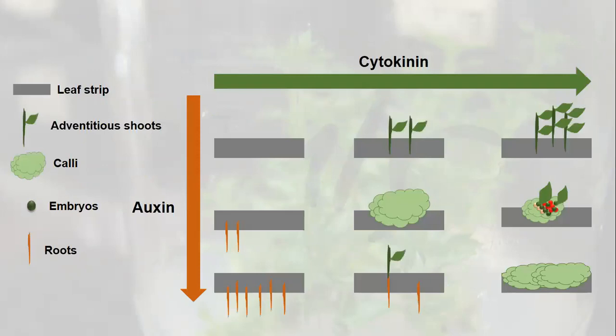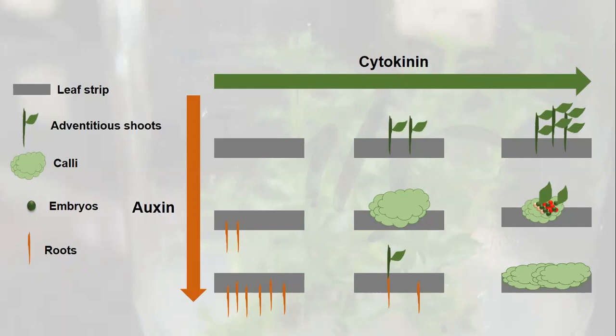That's what is being shown here. With only cytokinin, you see adventitious shoots growing, and with only auxins, only roots are growing, and at the middle concentration you see callus growing. Here root and shoot both, here only callus. So this is a very nice way of explaining the effect of cytokinin.